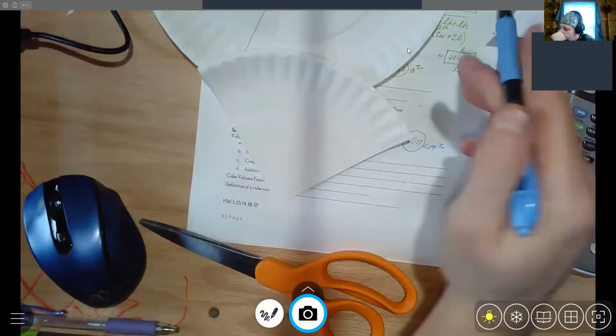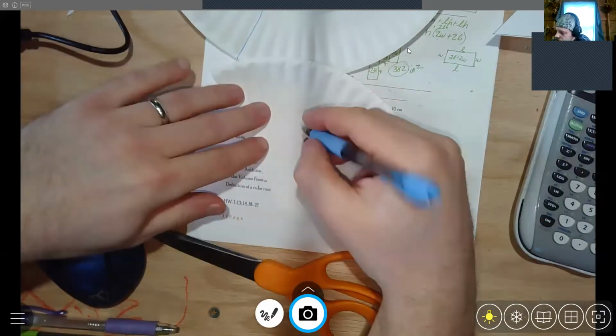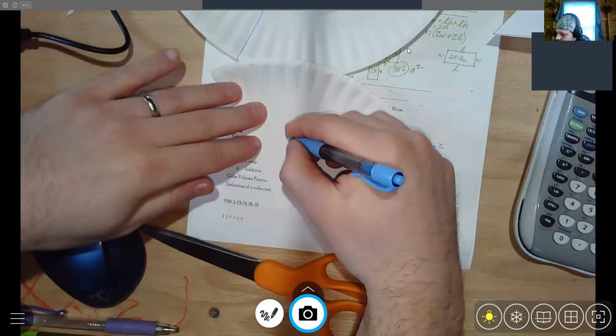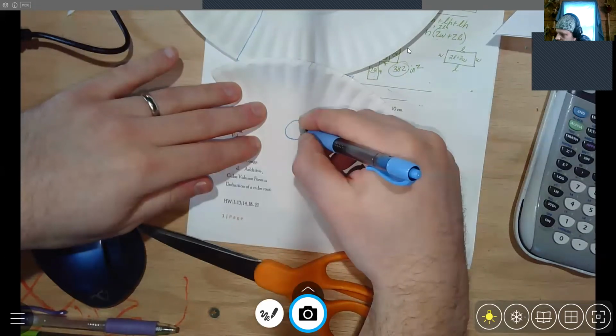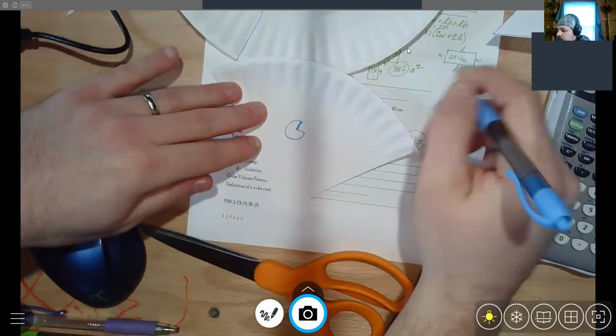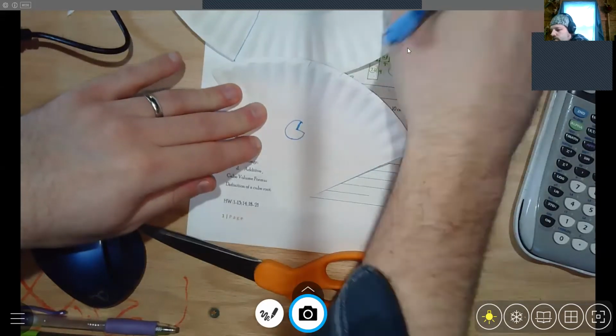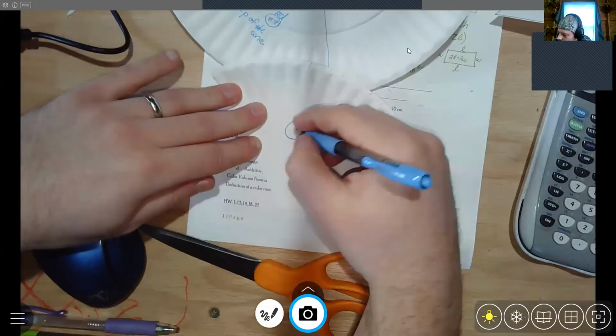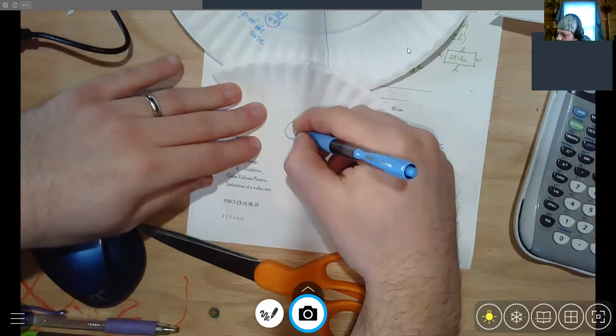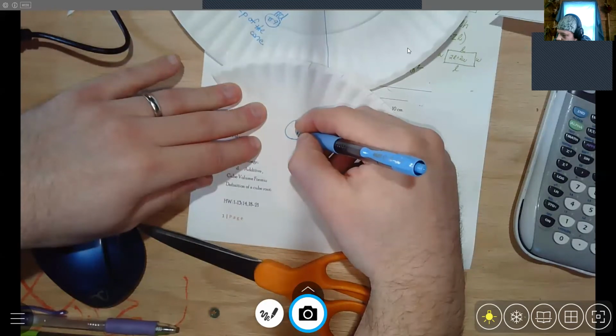So if I drew it out kind of flat, we have kind of a Pac-Man looking deal going on, right? And this measurement here is 4.5.